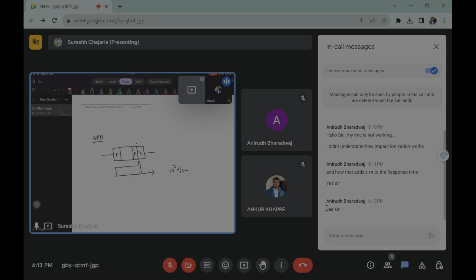Now, what happens here? Due to this heavy electric field, when we reverse bias this junction, the depletion region in this PN junction will increase.